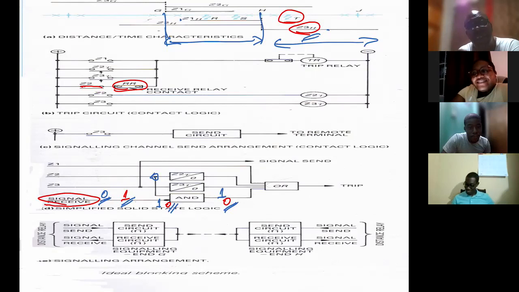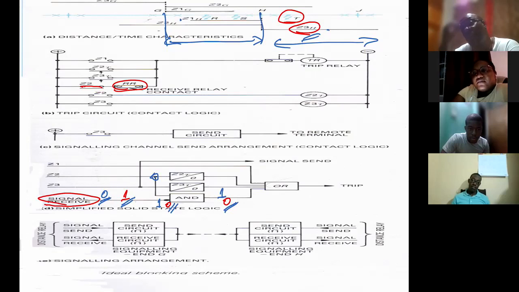So, to avoid that, there are some measures that are put in place. Since I am depending on the communication system to tell me when I should not operate, the first thing I need to ensure is that I know whether or not the communication signal is working. So I have to be sure that it is working.